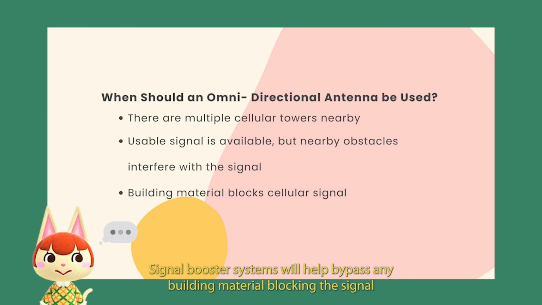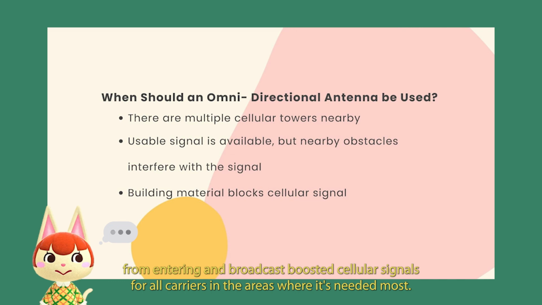A signal booster system will help bypass any building material blocking the signal from entering and broadcast boosted cellular signal for all carriers in the area where it's needed most.